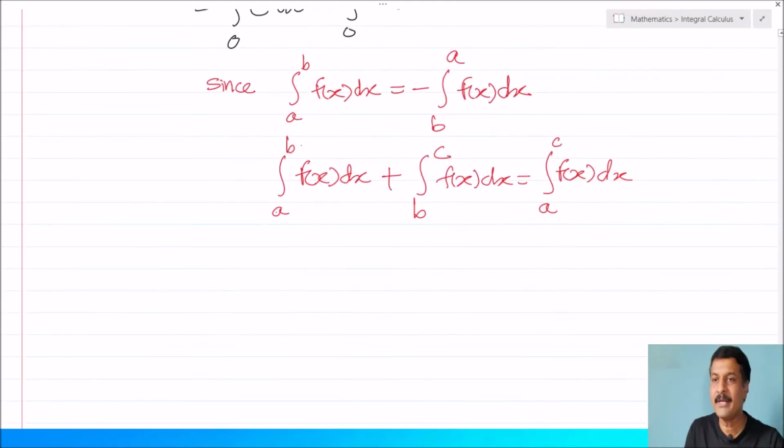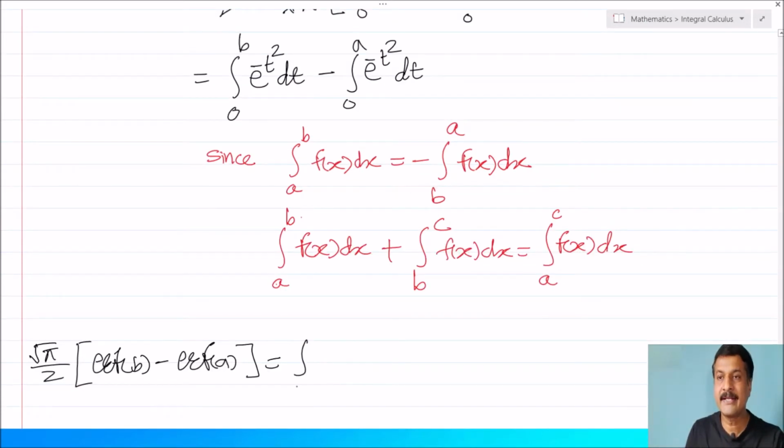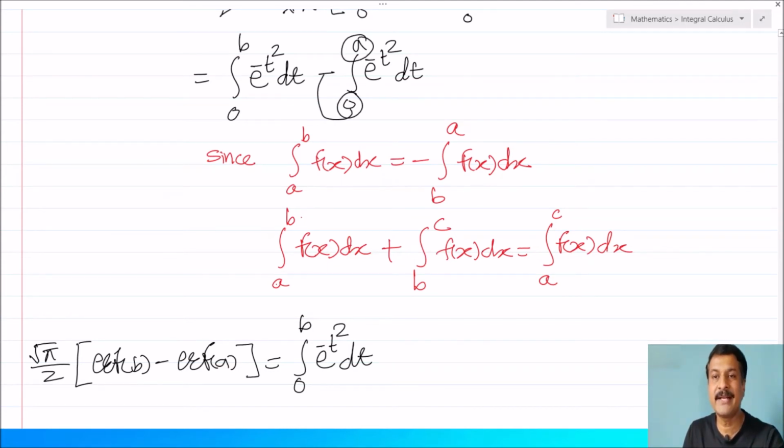So I am getting here left hand side as it is, that is root pi by 2 in bracket error function of b minus error function of a equal to integration from 0 to b e raised to minus t square dt. This minus sign I will adjust here, so due to this minus sign, limits will be interchanged like this.